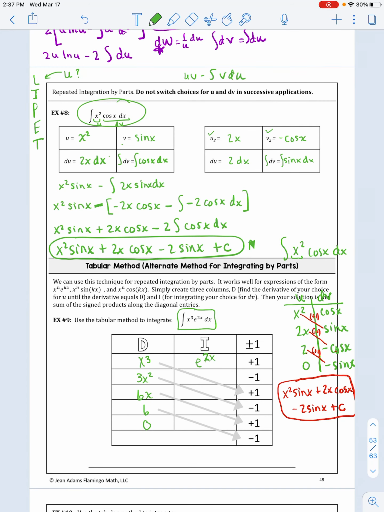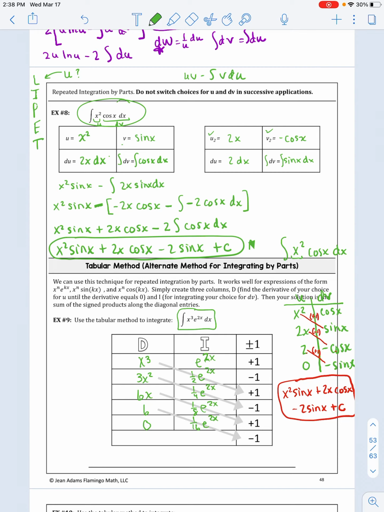When I'm taking the integral, this is going to be 1/2 e to the 2x. Then we have 1/4 e to the 2x. Then we have 1/8 e to the 2x.